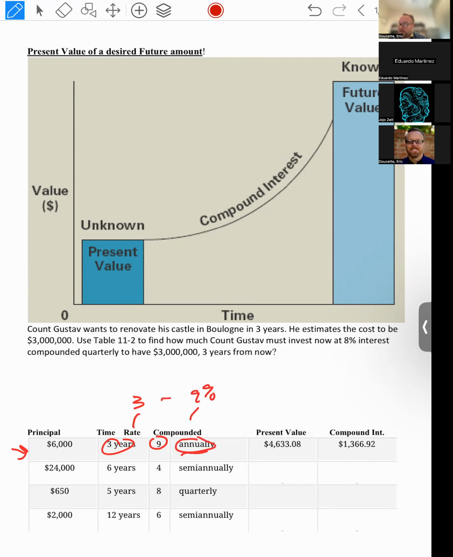So if I took that, found the table factor for that, 3 at 9%, and 9% is on the next chart, comes out to 0.77218.